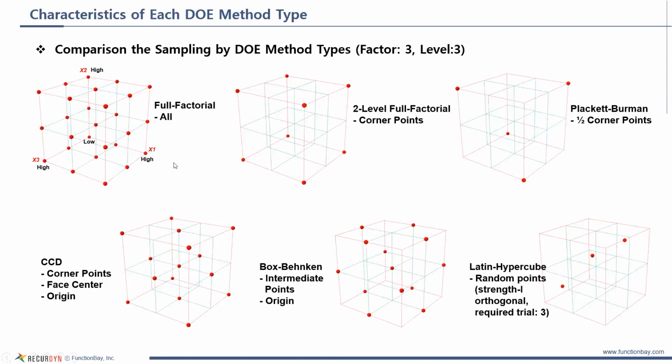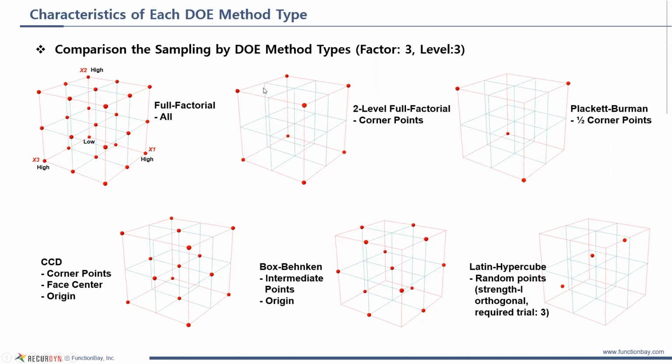This is a graphical representation of what I was just discussing as far as the different sampling methods. Here in the upper left, we've got the full factorial, where all the sample points are selected. Then this would be the 2-level full factorial, where only the corner points are selected.